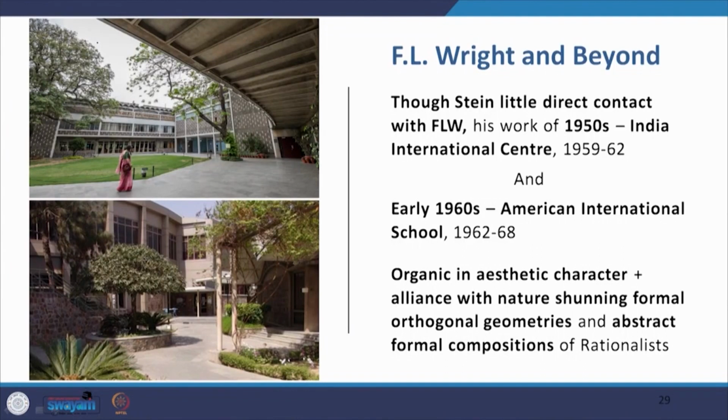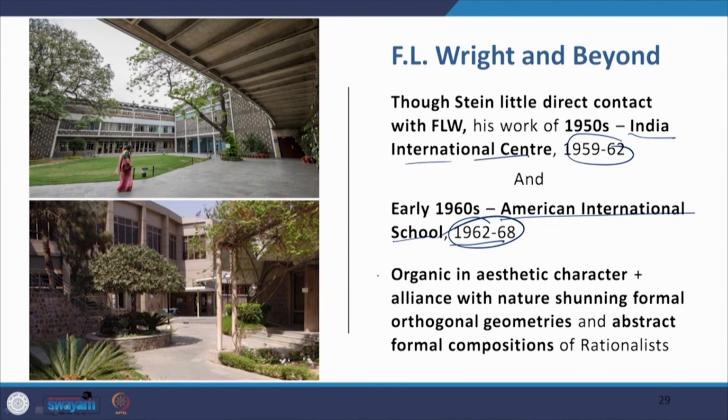Now if we were to see F.L. Wright and beyond in India, though Stein had little direct contact with FLW, in his works of the 1950s like the IIC and his early 1960s work of the American International School, 1962 to 68, approximately the same time, these two projects were done in parallel. There is an organic aesthetic character to these buildings.